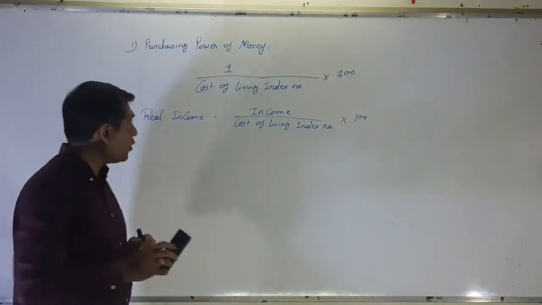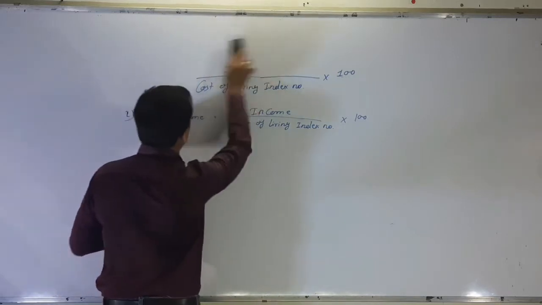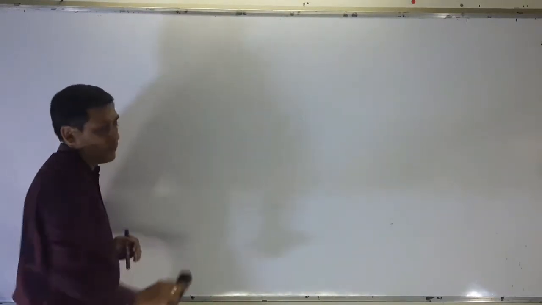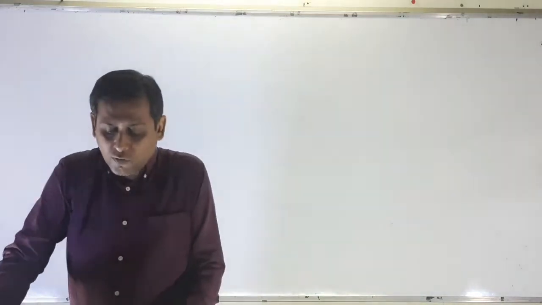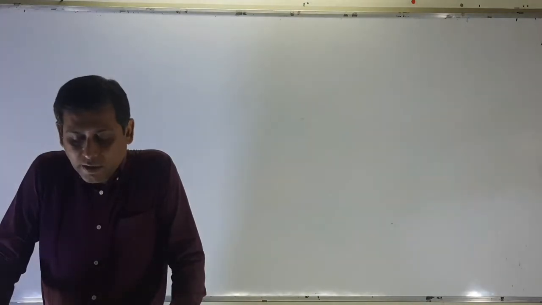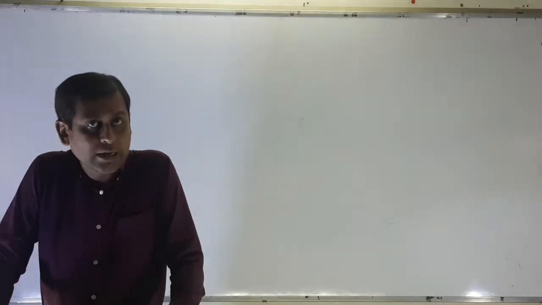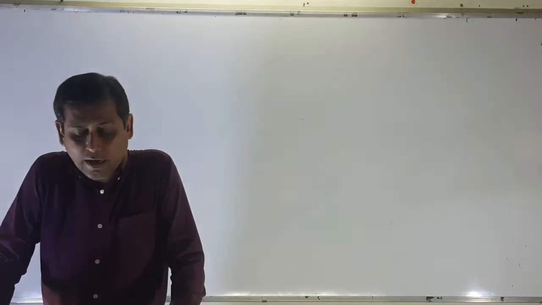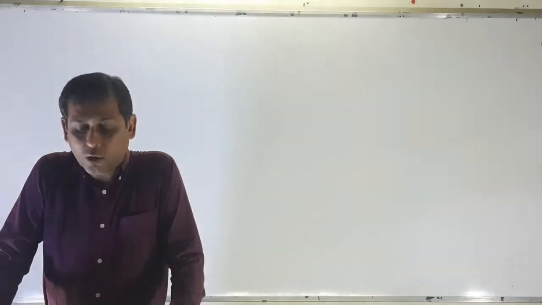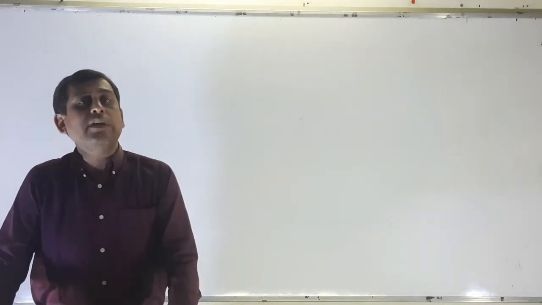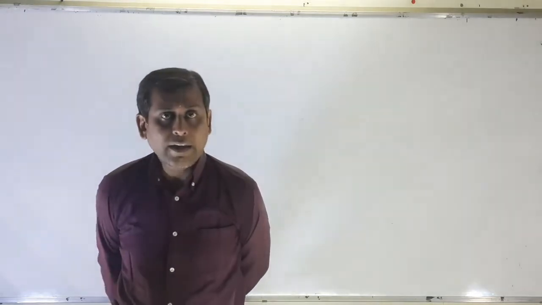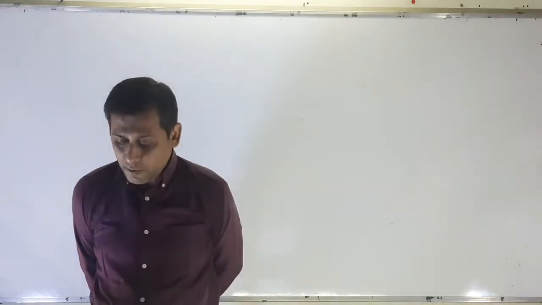Okay, so here we'll start the sum, but first of all I am reading the question in full. The price of the 3 items A, B, C among 5 items having increased in the year 2015 by 90%, 120% and 70% respectively with respect to the year 2010. The base year index is not given, so here we have to take 100 as the base year index number.